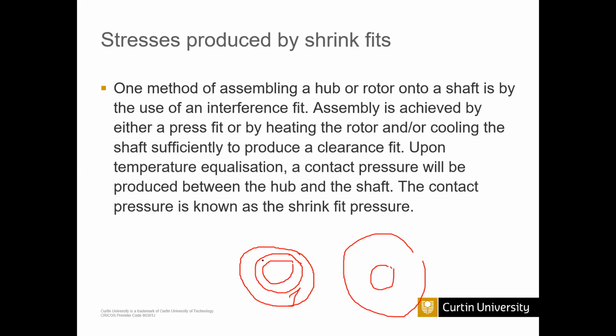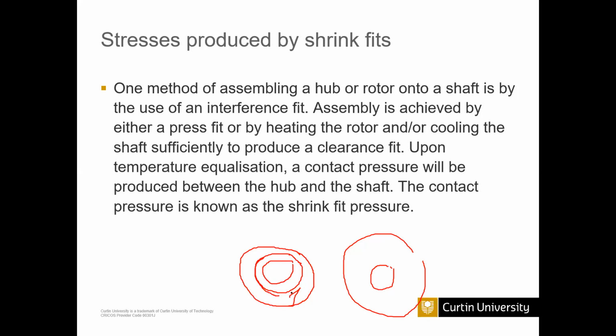When the inner cylinder and outer cylinder are fitted together, there is also a pressure at this interface. We call it shrink fit pressure. And there is some kind of displacement as well, which we will discuss later.